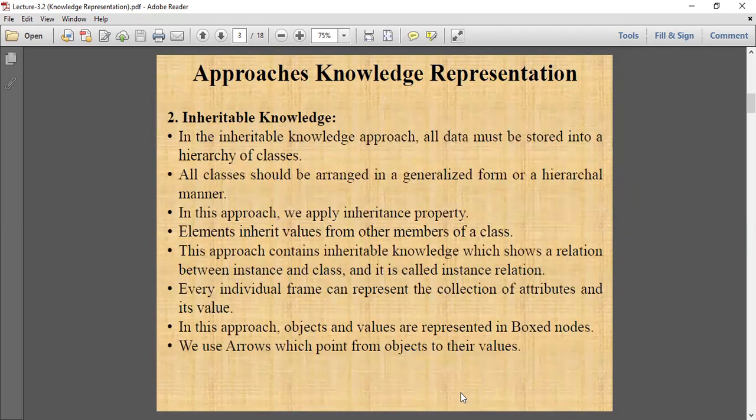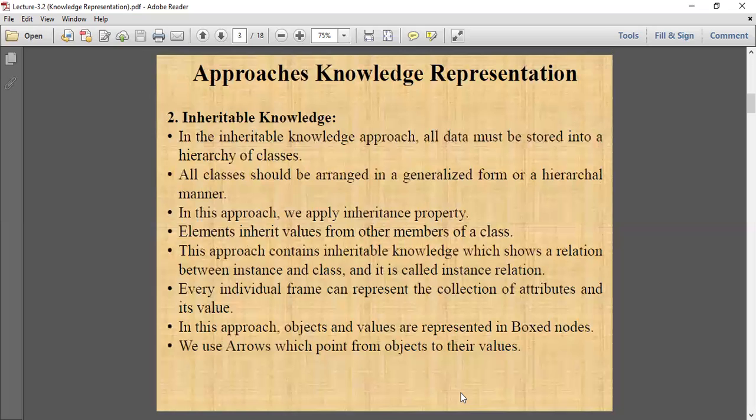Now, second is inheritable knowledge. In the inheritable knowledge approach, all data must be stored in a hierarchy of classes. All classes should be arranged in a generalized or hierarchical manner. In this approach, we apply the inheritance property. Elements inherit values from other members of a class.